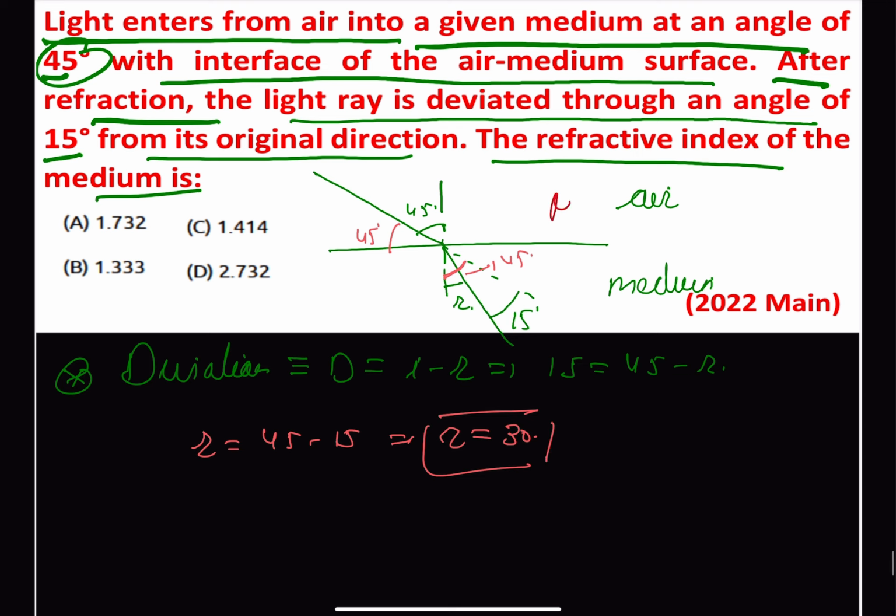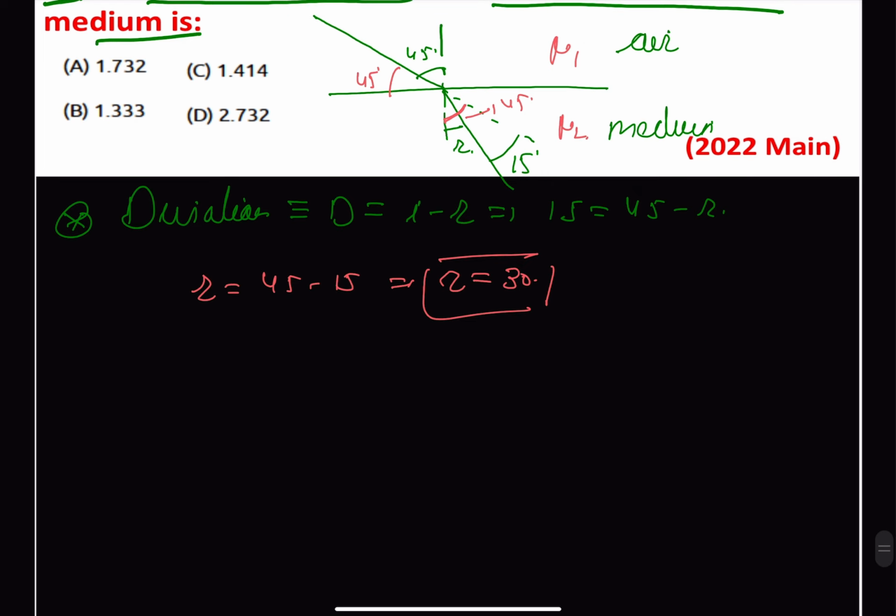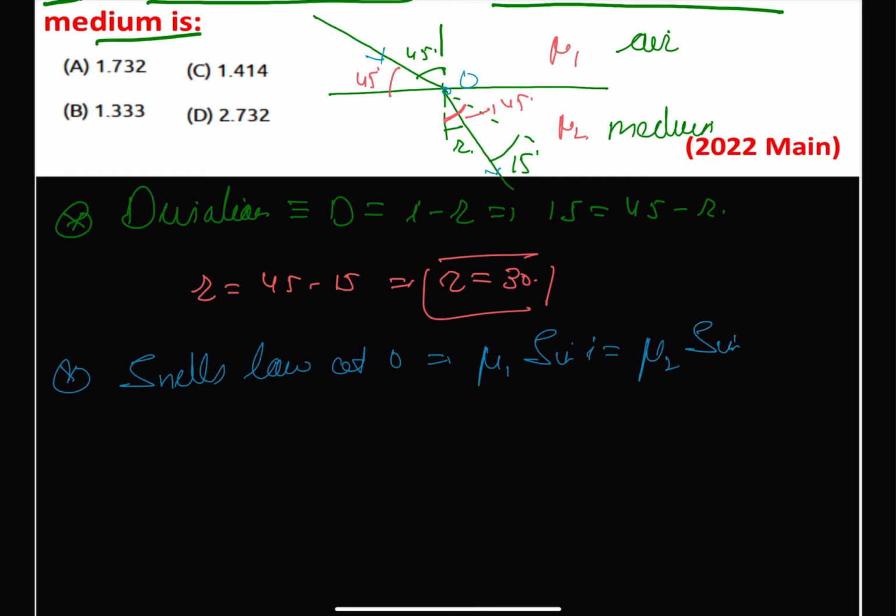And we need to find the refractive index. Let us call this mu1 and this mu2. So we can use Snell's law. Let us suppose this is point O. Snell's law at O gives mu1 sine i is equal to mu2 sine r, and mu1 is 1, so sine 45 divided by sine 30 is equal to mu2.